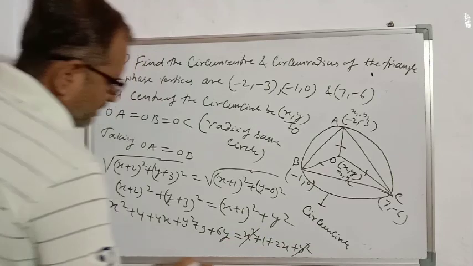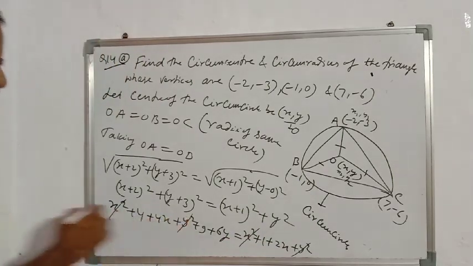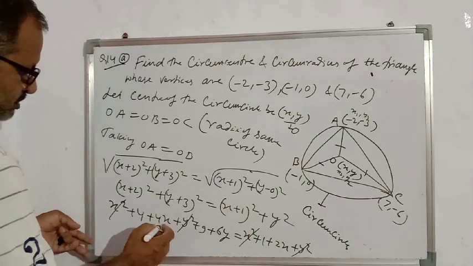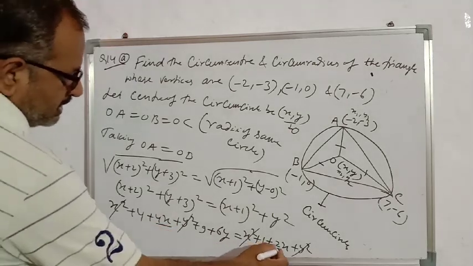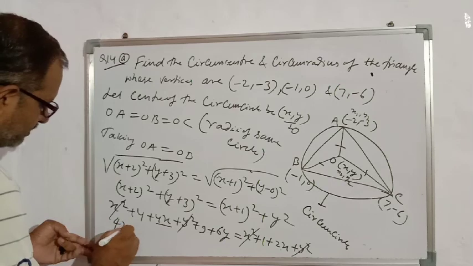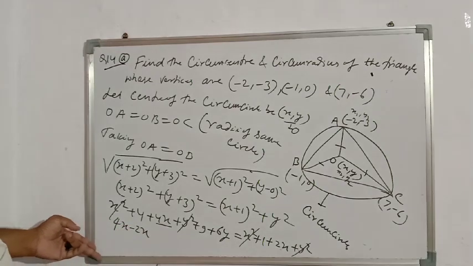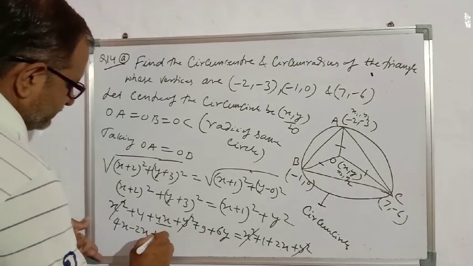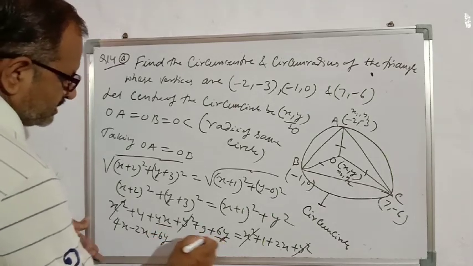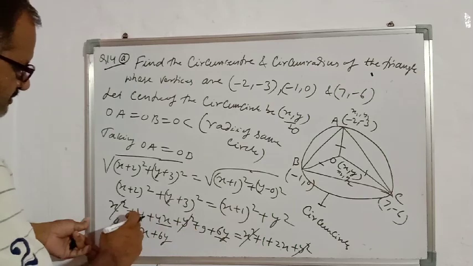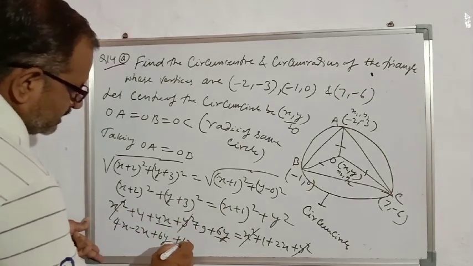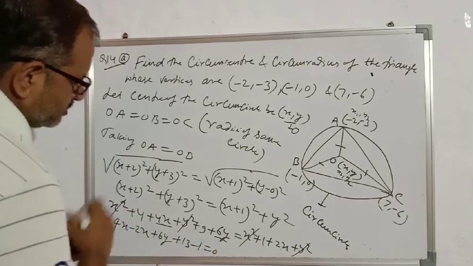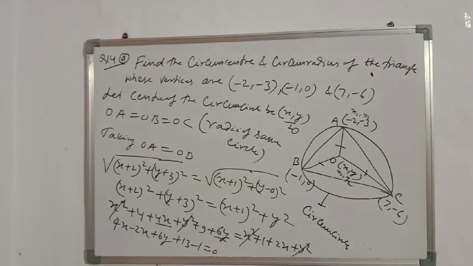X square, y square we can cancel from both sides. So now transpose 4x and 2x: 4x minus 2x plus 6y plus 9 plus 4, 13, is equal to 1. Transpose 1, minus 1 is equal to 0.